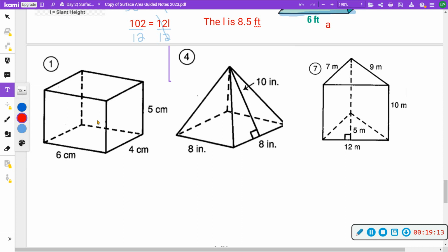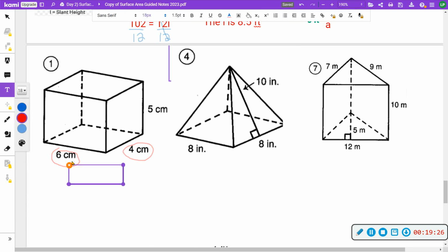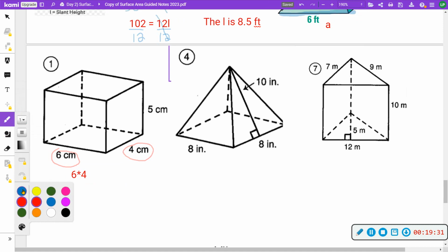The way I go about finding the surface area of a rectangular prism, here's how I do it. I do 6 times 4. I just multiply every side together.